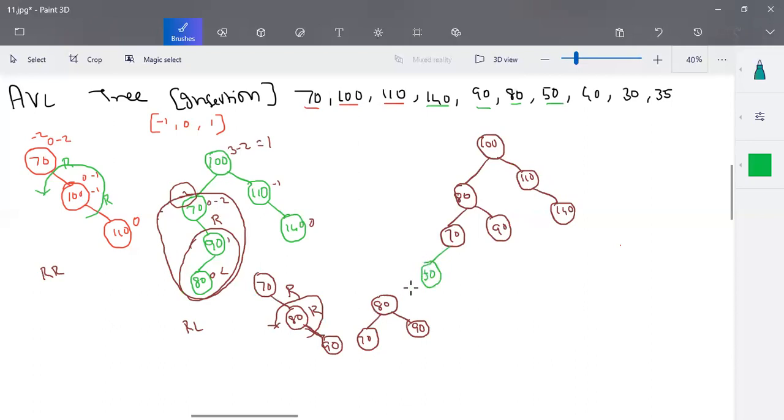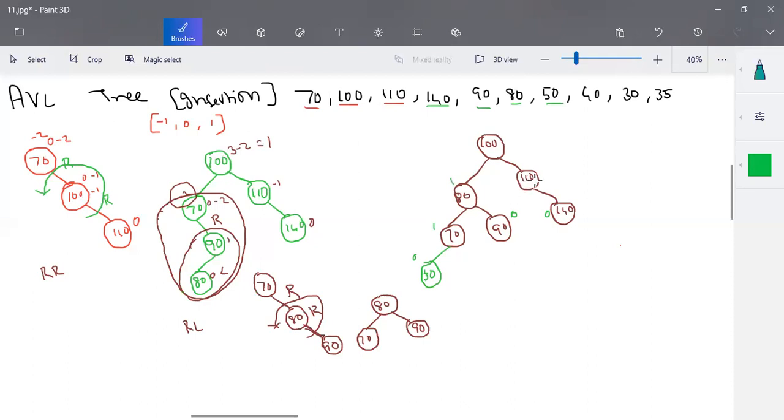Now calculate the balance factor. For 50, it is 0. For 70, 1 left subtree, and there is no right subtree. So it is 1 minus 0. And for 90, all the leaf nodes will have 0 balance factor. And for 80, what happened? For 80, left subtree height is 2 and right subtree height is 1. So it is 2 minus 1, 1.